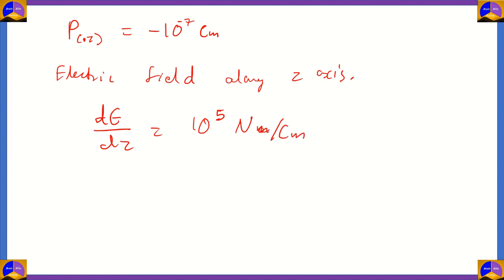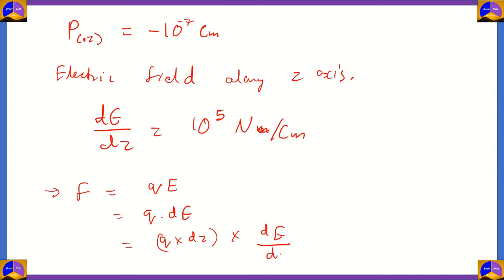So how are we going to write this? Force can be written down as Q times E. So here the change is in terms of dE, so that's Q times dE, which is Q into dZ times dE by dZ.